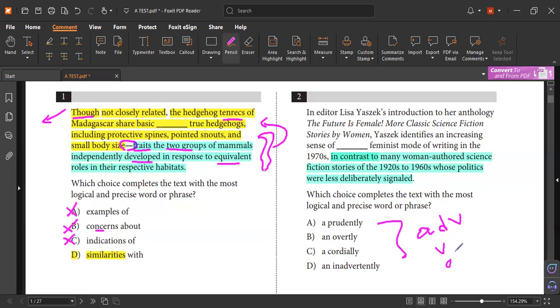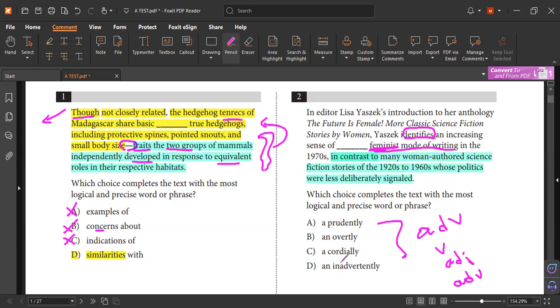It modifies a verb, adjective, or adverb. Now let's read. He said here more, this author identifies an increasing sense of feminist mode of writing. So feminist is an adjective, so we need an adverb to modify. How does this author identify this mode?